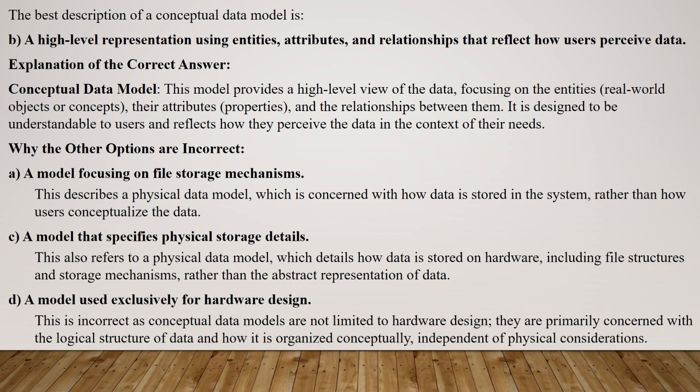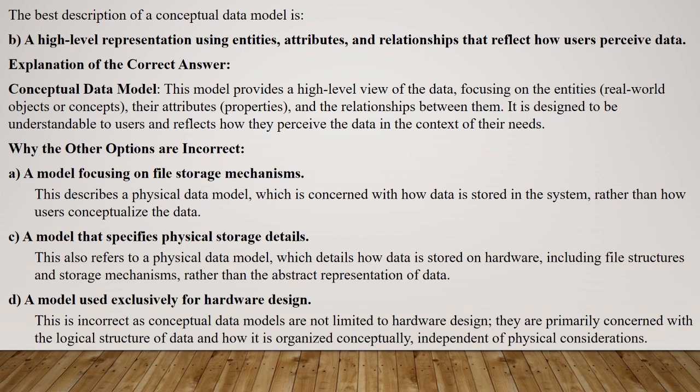Why are the others incorrect? A, a model focusing on a file storage mechanism. This is false. This describes the physical data model. It's not conceptual, which is not concerned with how data is stored in a system but rather with how users conceptualize the data.